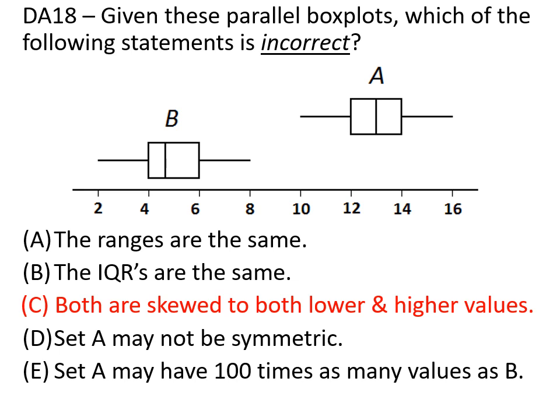The term skewed to the left and also skewed to the right, or skewed low and skewed high, doesn't make sense. You can't be skewed in both directions. A may or may not be symmetrical. It looks fairly symmetrical, but you don't know what the actual data values are, so there's a good chance it wouldn't be exactly symmetrical. And we don't know how many data values are in each set.